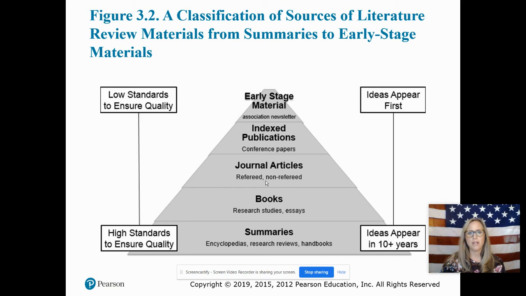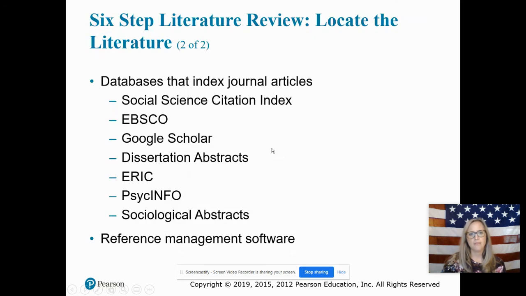Then you work your way towards the top to get towards the primary sources. Okay, so your books. Then you have journal articles, index publications like conference papers, your dissertations, early stage material. So this would be your primary source, more towards the top. So that's just kind of a visual guide of that.